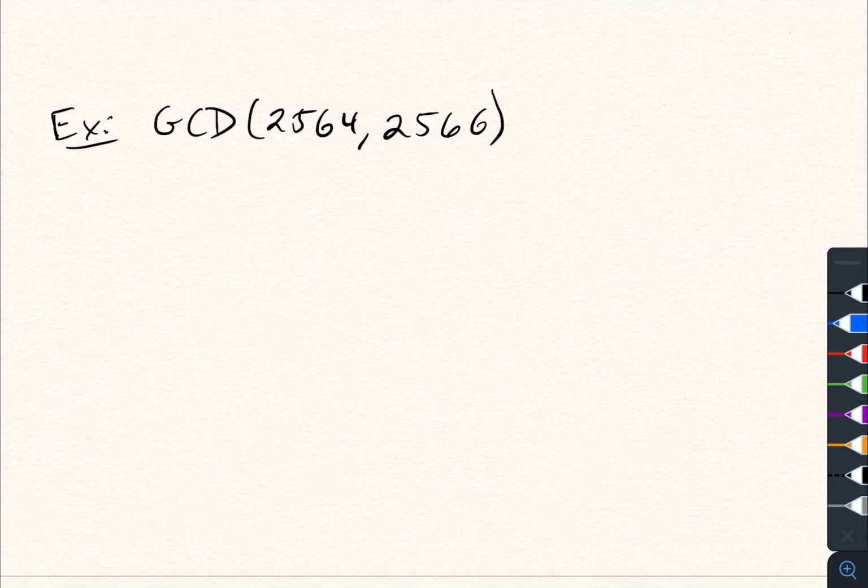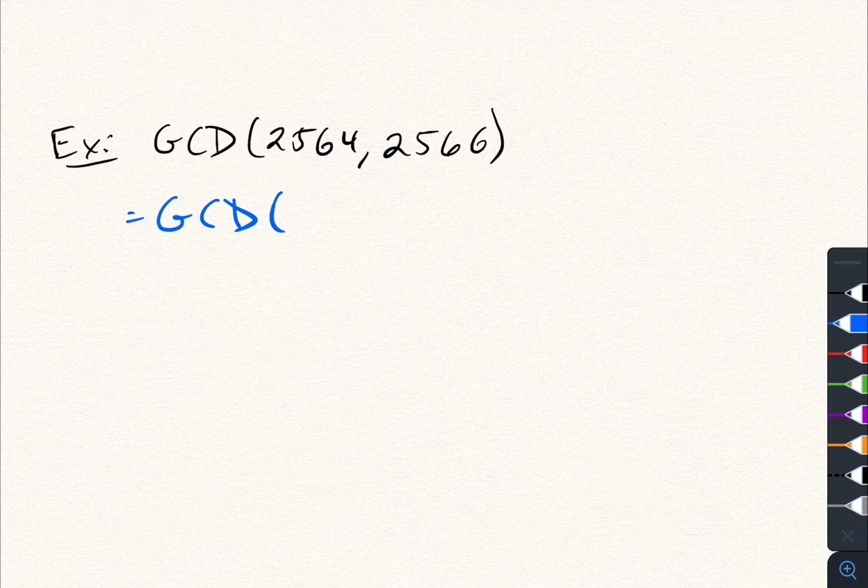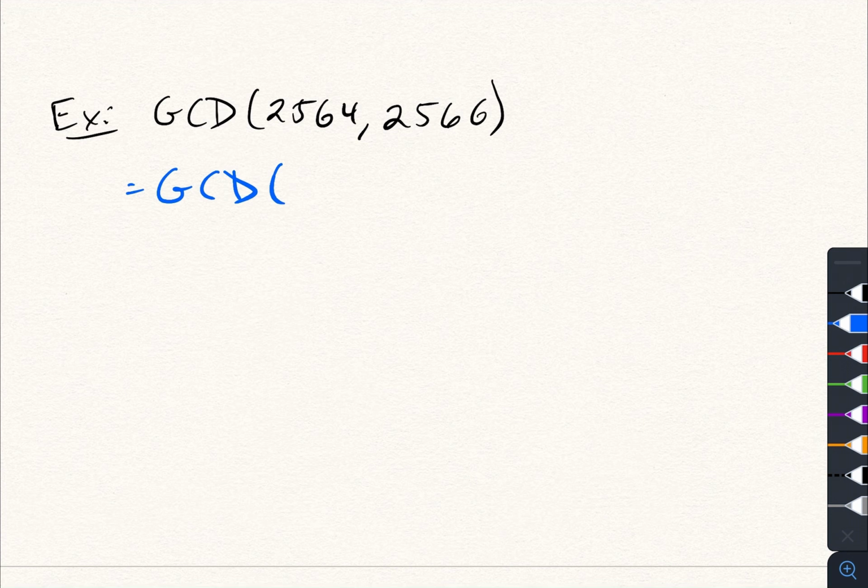What you want to do instead is just notice, oh, if I can subtract the smaller number from the bigger number, I'm not going to change my GCD, but I'm going to make my numbers smaller. Okay, so 2,564. Let's subtract that from the other one.